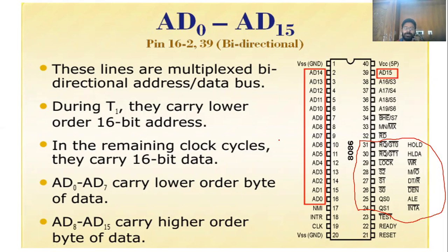Multiplex means the same pins are used for multiple purposes: these pins are used for address as well as for data. Bidirectional means data can be transmitted in two ways, we can send data and at the same time receive data.